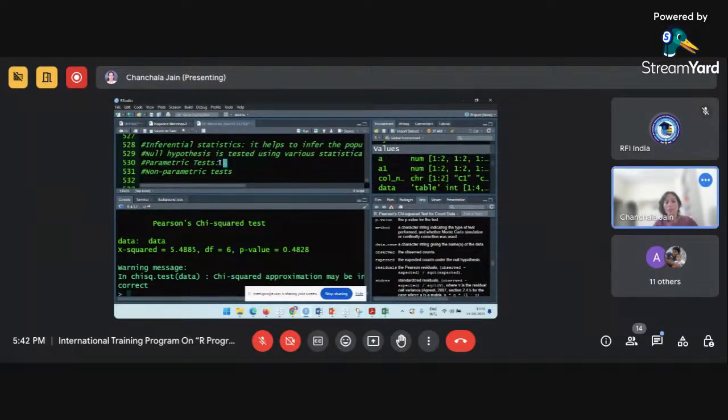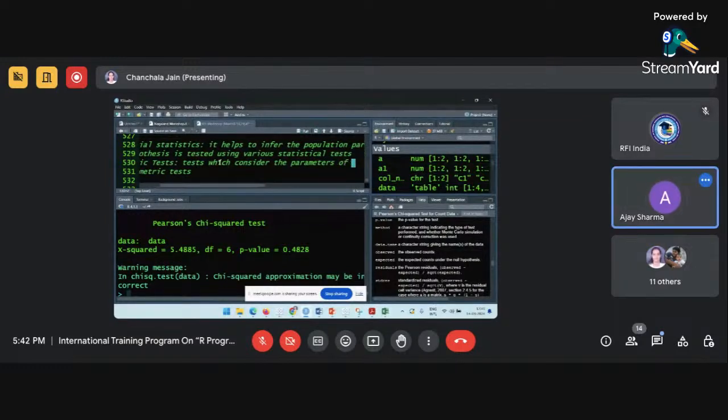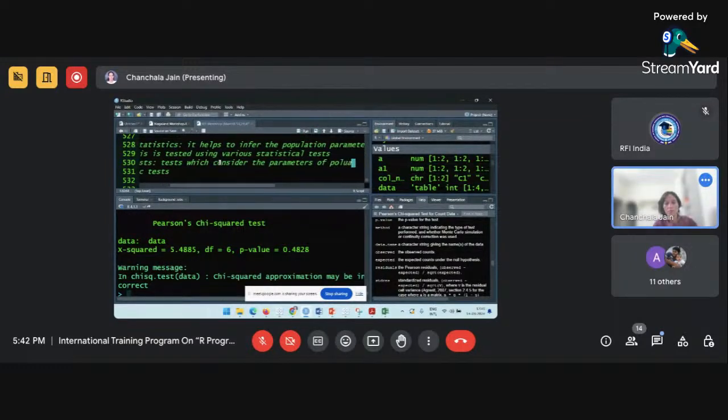Parametric tests are the tests which consider the parameters of the population and are also concerned about the normal distribution of the data.